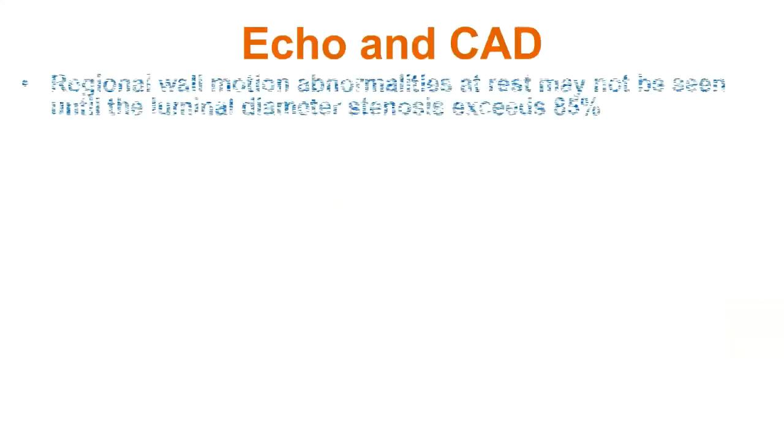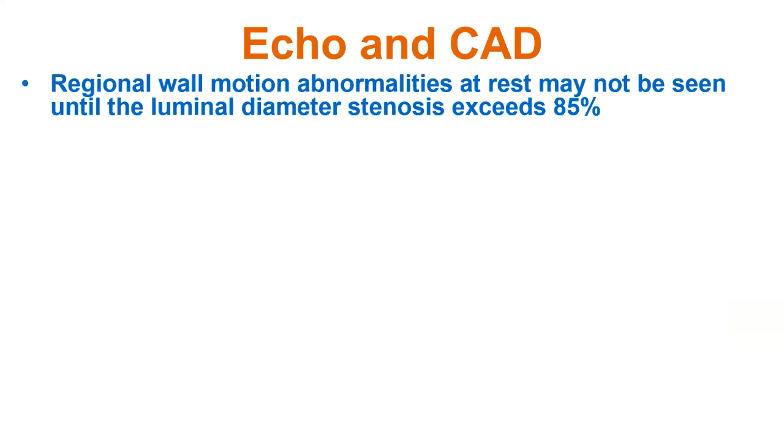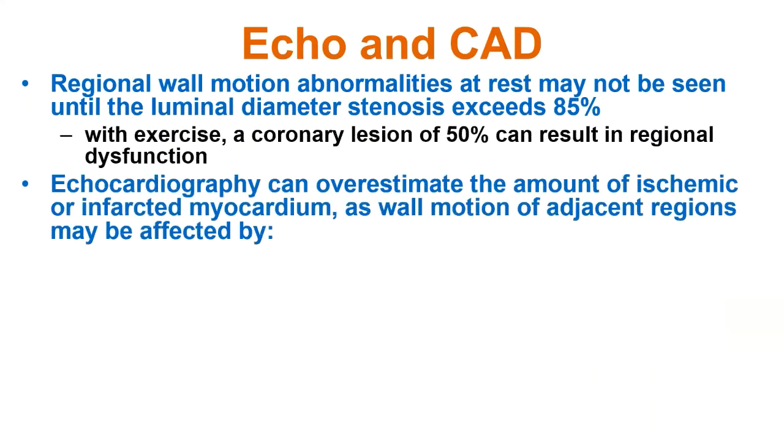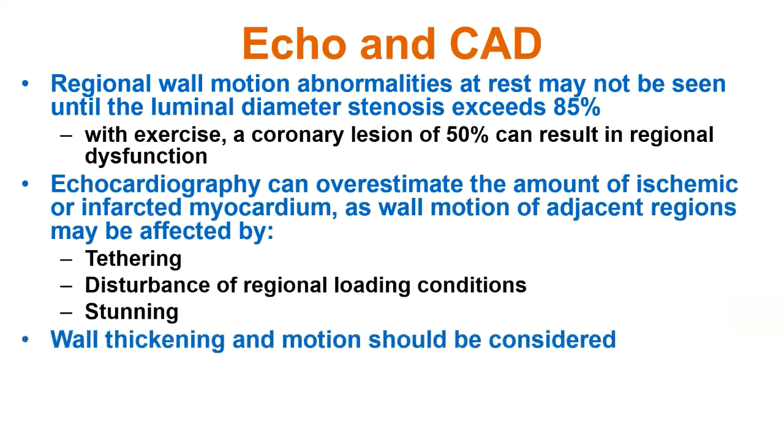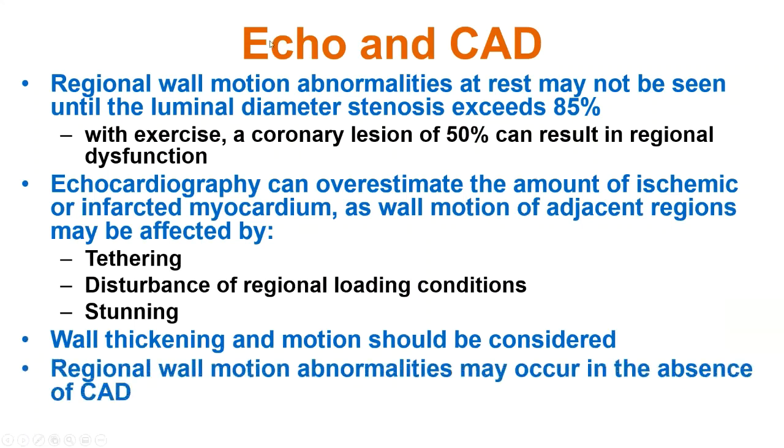Let's spend the next few minutes talking about regional function. You really do have to know a few things about regional function for the board examination. As you can see on this slide, regional wall motion abnormalities at rest may not be seen until the luminal diameter stenosis exceeds 85%.